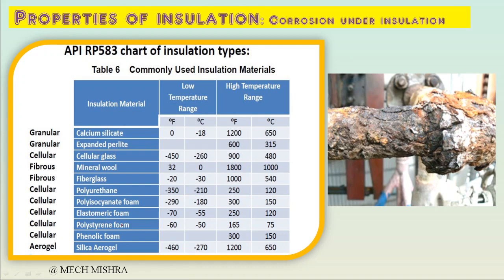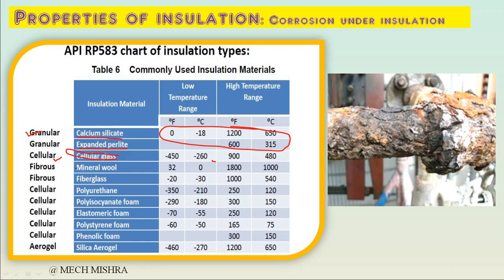Now, depending on the temperature conditions, different types of insulation systems are used. In granular, there is calcium silicate and expanded perlite. These are the two types of granular insulation, and here is the temperature range where we can use them. Then cellular glass, with a temperature range of -260 to 480.